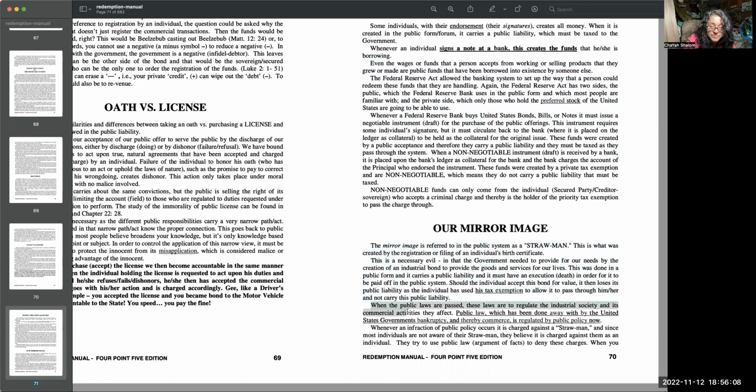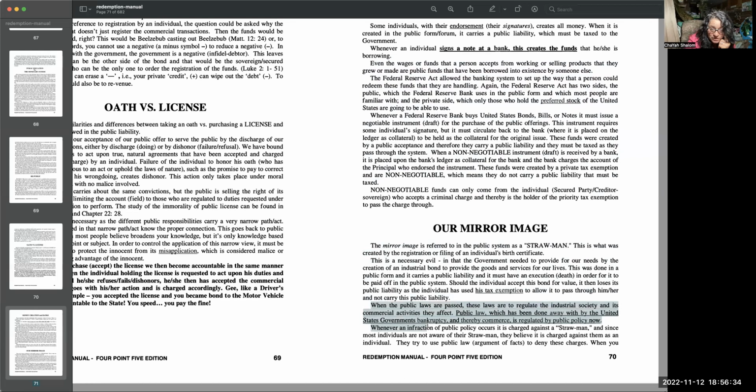When the public laws are passed, these laws are to regulate the industrial society and its commercial activities they affect. Public law, which has been done away with by the United States government, bankruptcy, and thereby commerce, is regulated by public policy now.